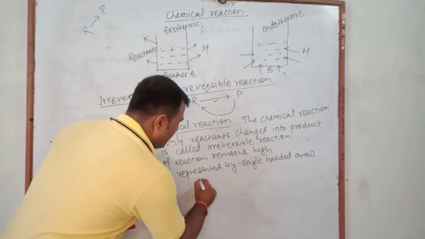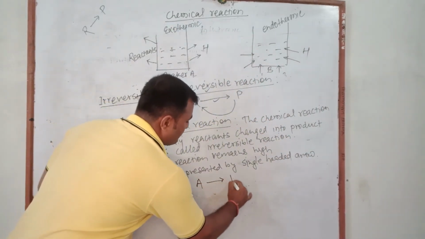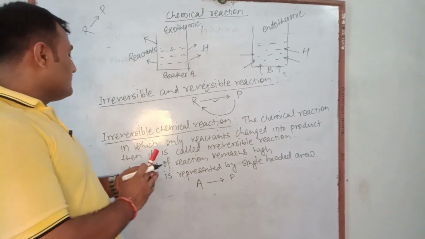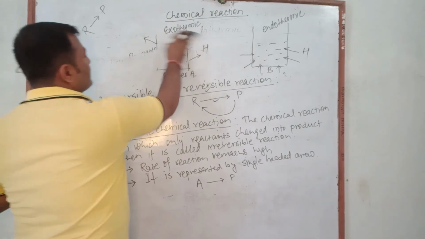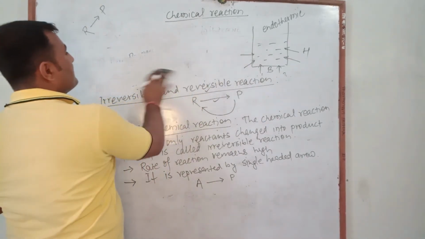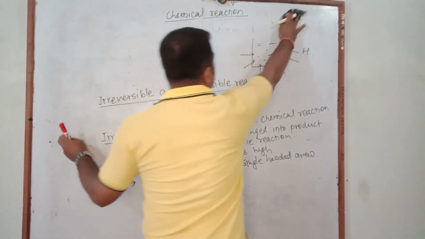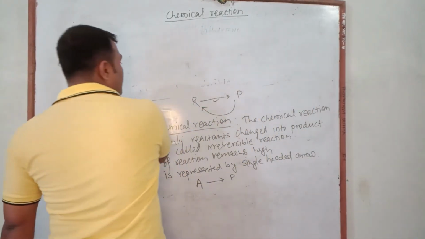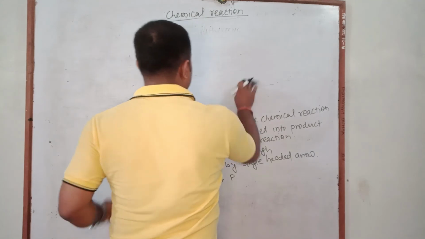Like A is a reactant that changes into product, and it is called an irreversible reaction. Several types of chemical reactions in our surroundings are irreversible, which can't be reversed.